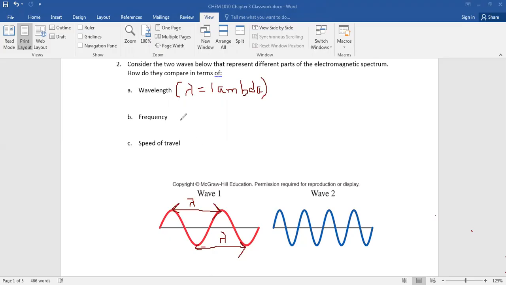Frequency relates to the number of cycles of a wave that pass through a specific point per unit time. And so for frequency, you'll have the units of cycles per second.